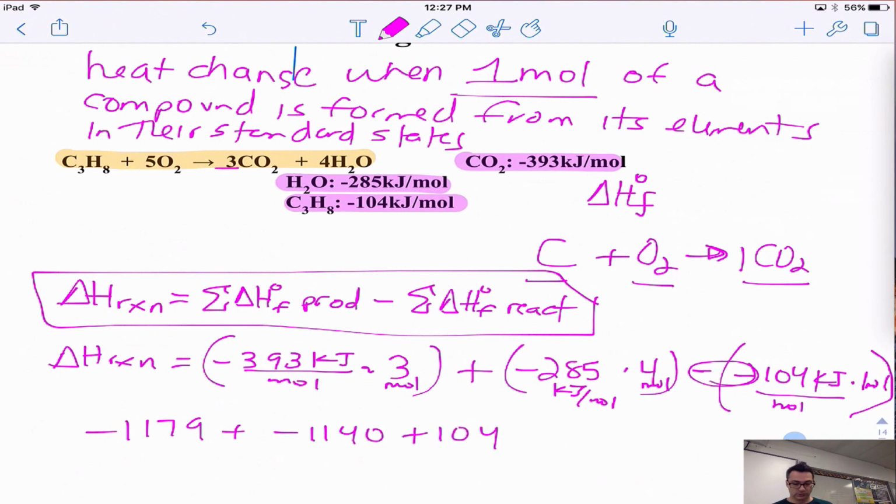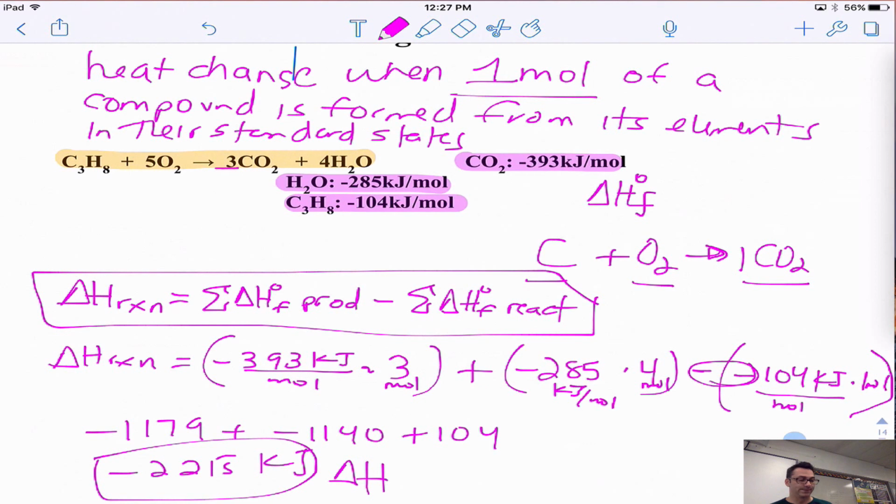So we would do this minus, and we get negative 2,215 kilojoules. This is my delta H for this reaction.